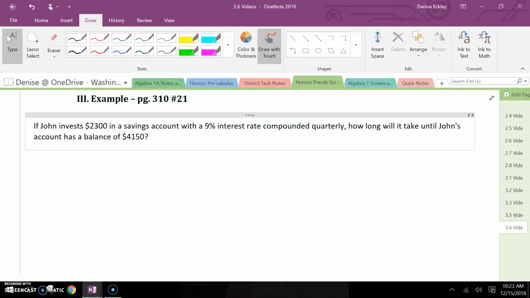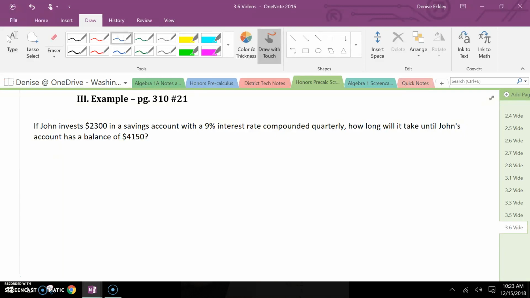If John invests $2,300 in a savings account with 9% interest, compounded quarterly, how long will it take until John's account has a balance of $4,150? So we have a principal amount of $2,300.